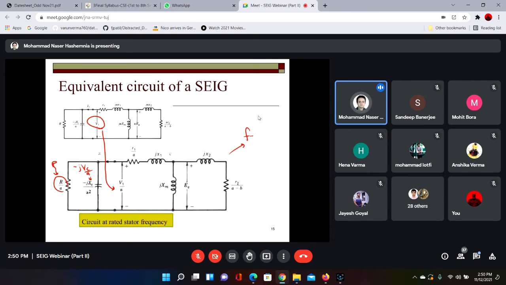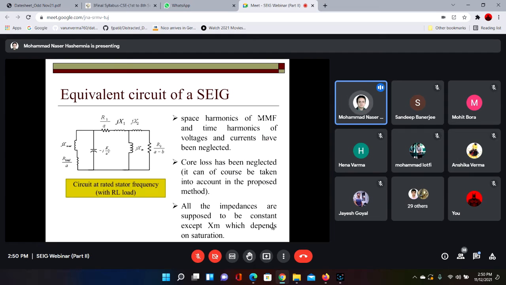Then I explained that we would like to find the unknowns of this circuit. This is the case of the circuit, a version with RL load. If we have RL load, then R is divided by A at the rated state of frequency, not at the actual state of frequency.